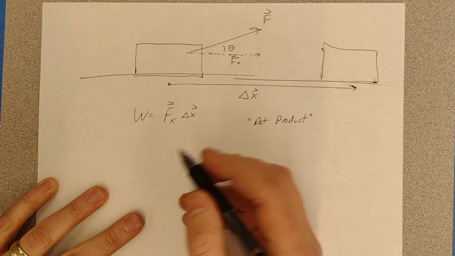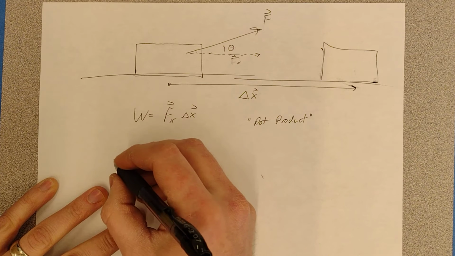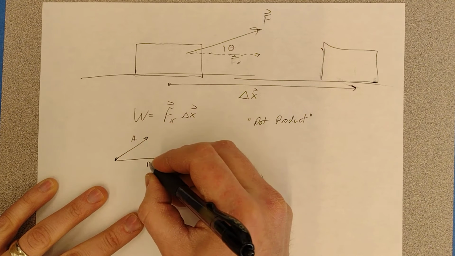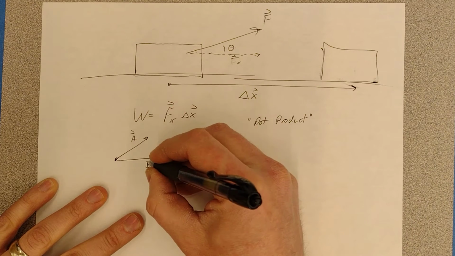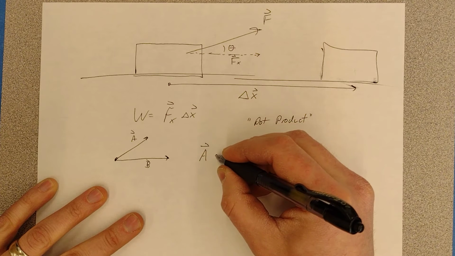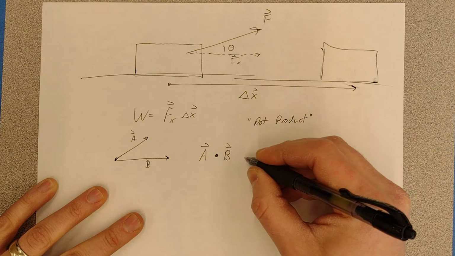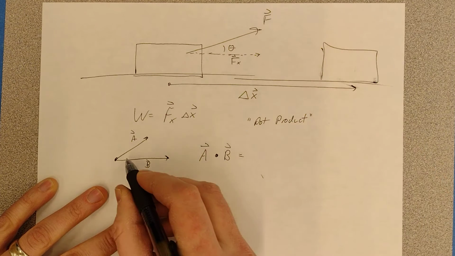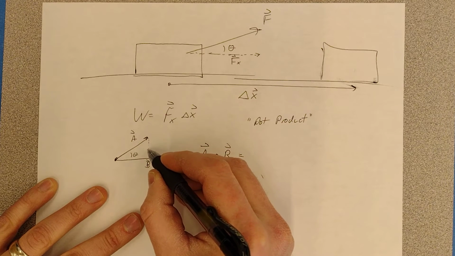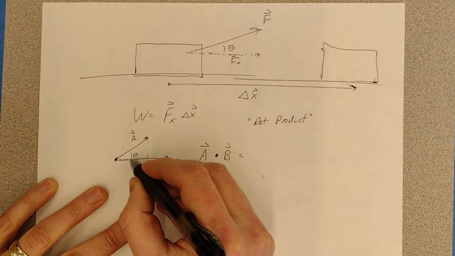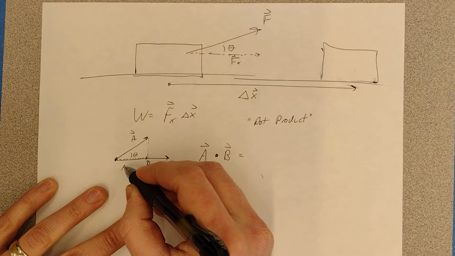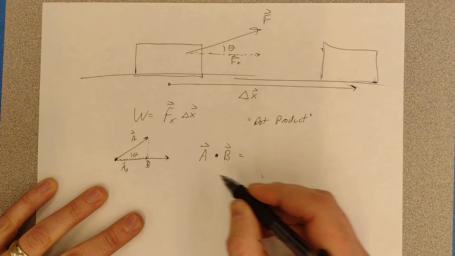The generic illustration is, if you have vector A and vector B, we write it like this: A dot B equals, and this is the angle theta, you have to find the projection of A onto B. Sometimes we call that A parallel, the parallel component.